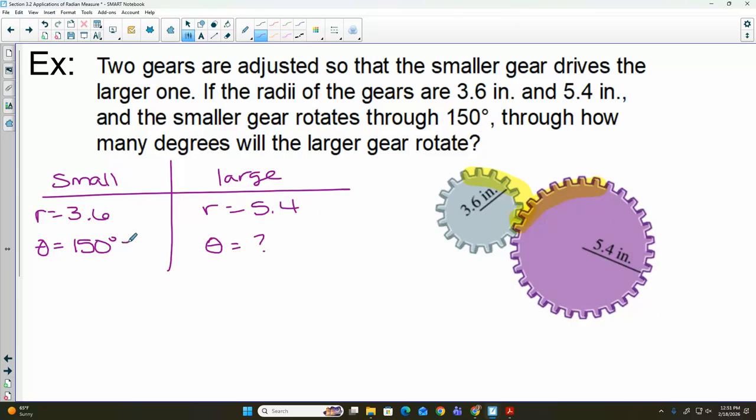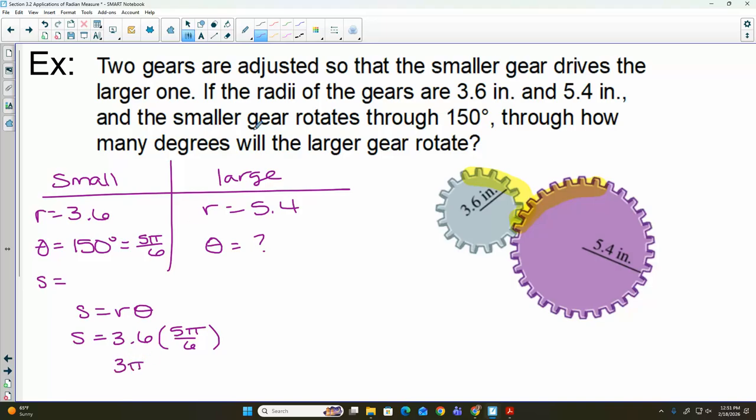So I can't do 150 degrees. What is that in radians? 5π/6. Okay, so now we can find our S. So if we do S equals r theta, so if we do 3.6 times 5/6, I'm not going to multiply out the pi, we get 3π.